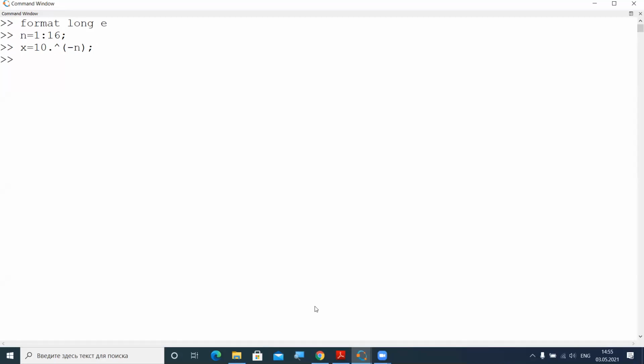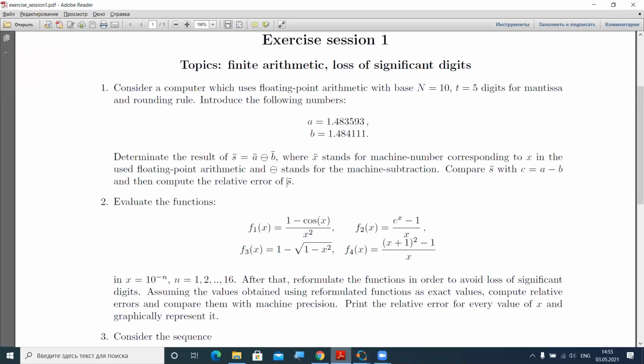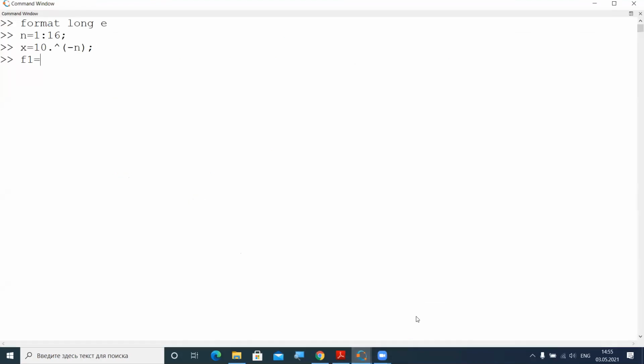And now let's give the function f1, and it was 1 minus cosine x over x squared. So 1 minus cosine x.